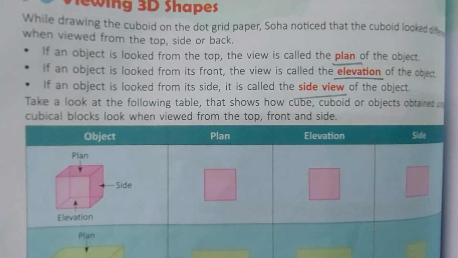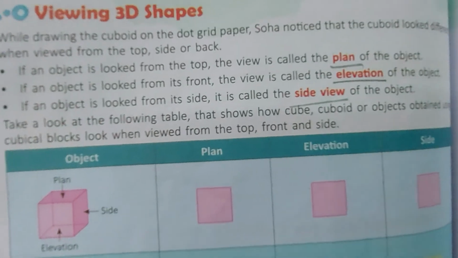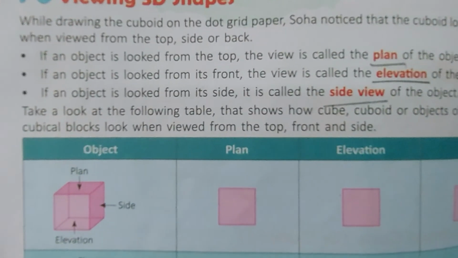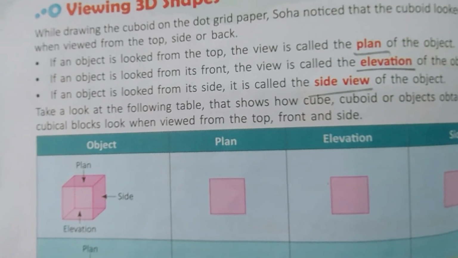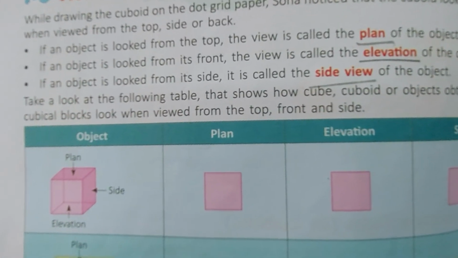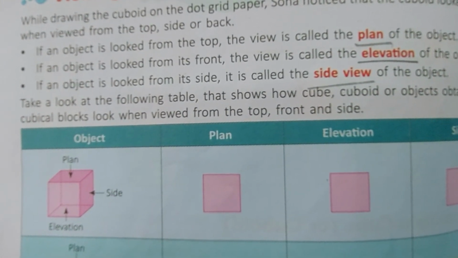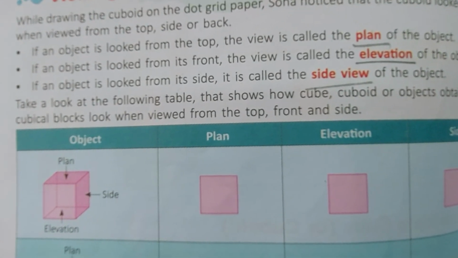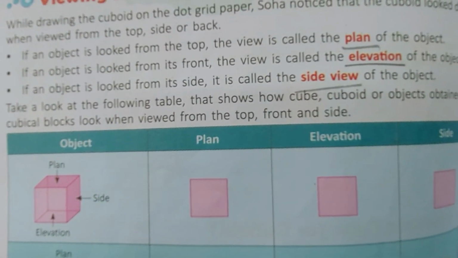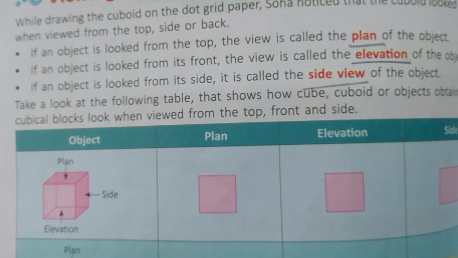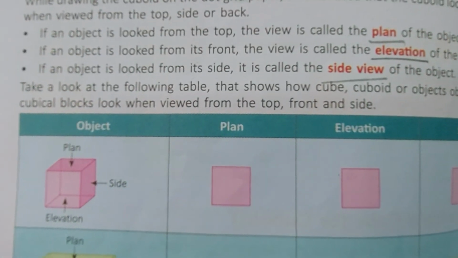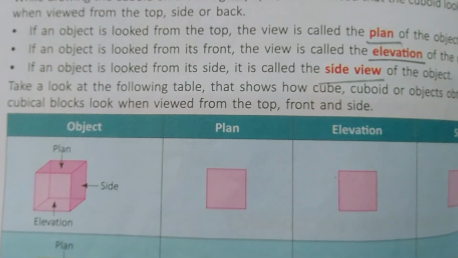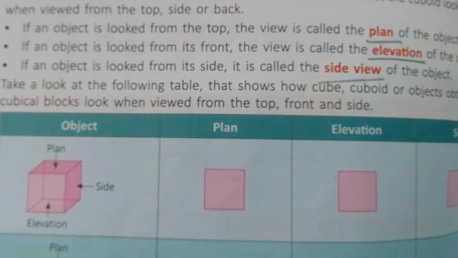What is a plan, elevation, side view? So, these must be clear. If an object is looked at from the top, then that view is called the plan of the object. And if the object is looked at from its front, we call it the elevation of the object. And if the object is looked at from the side, then it is called the side view of the object.